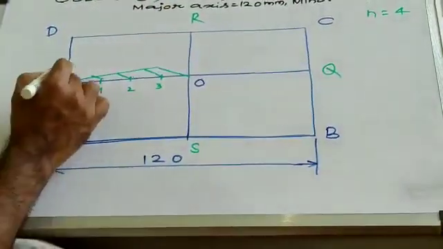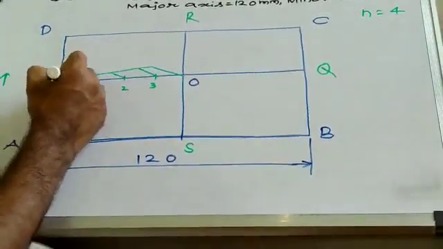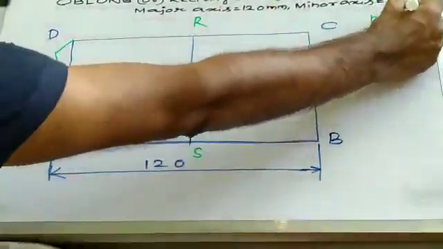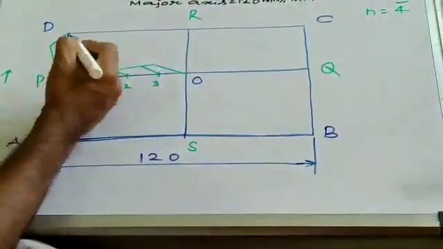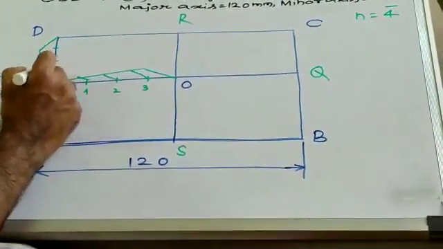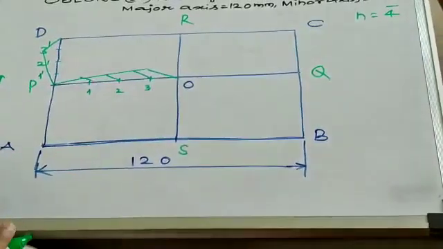Similarly, in this direction, PD, it is going to be divided into n number of equal parts. N is 4. 1, 2, 3, 4. I am naming this as 1 dash, 2 dash, 3 dash.